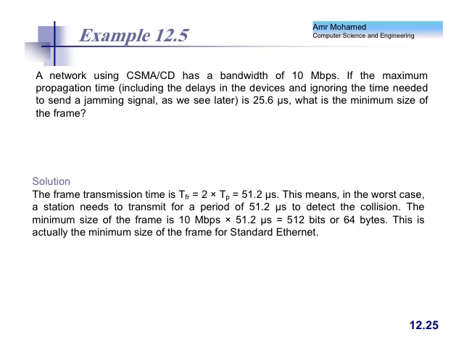So this means that the minimum size for the frame length is simply 10 megabits per second, which is the channel bandwidth, times double the propagation time, which in that case is 512 bits. So the minimum size of any frame in that network should be at least 512 bits.